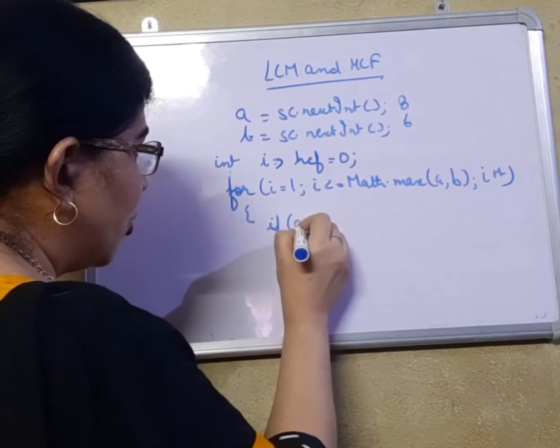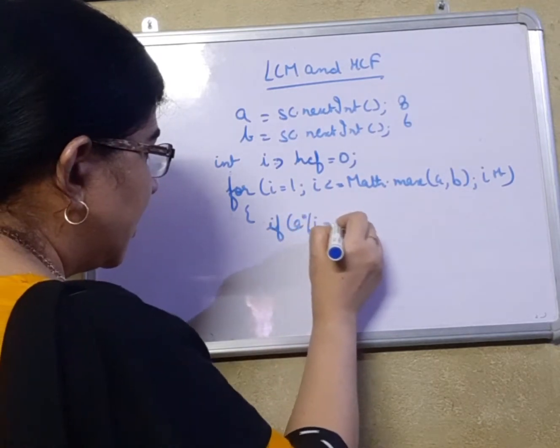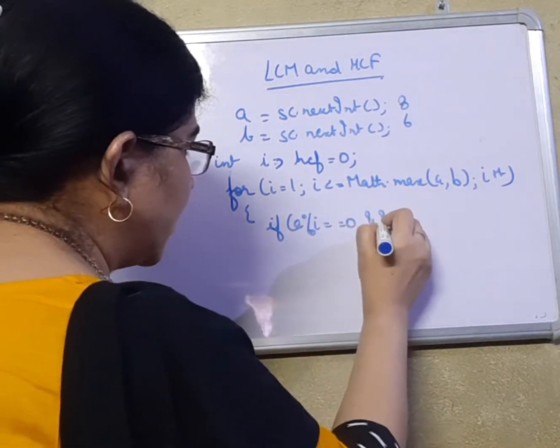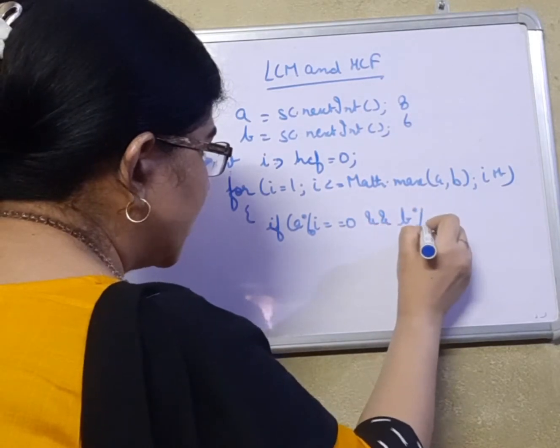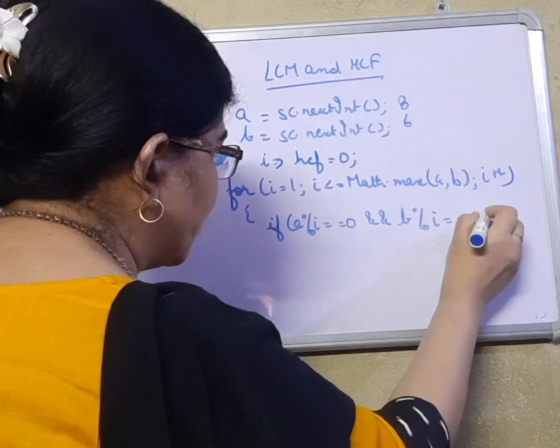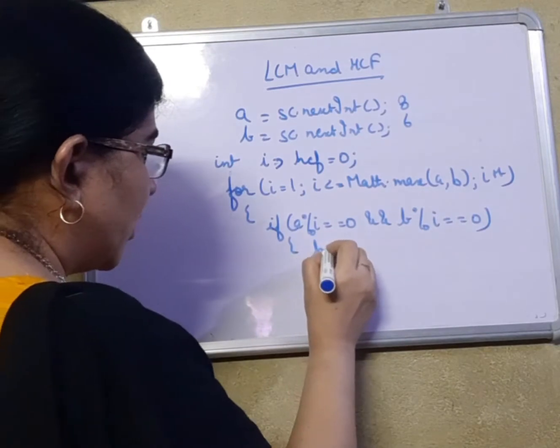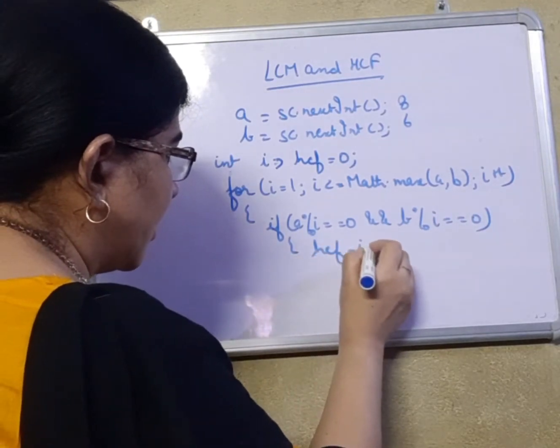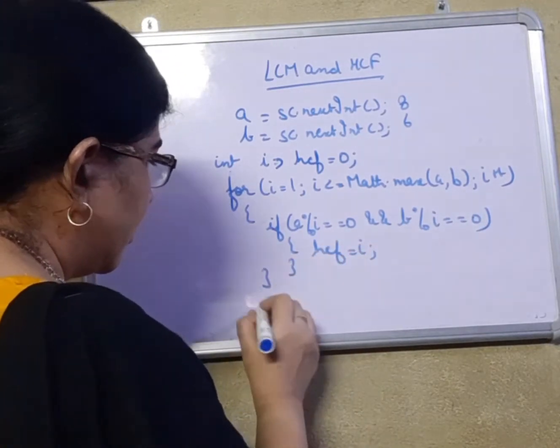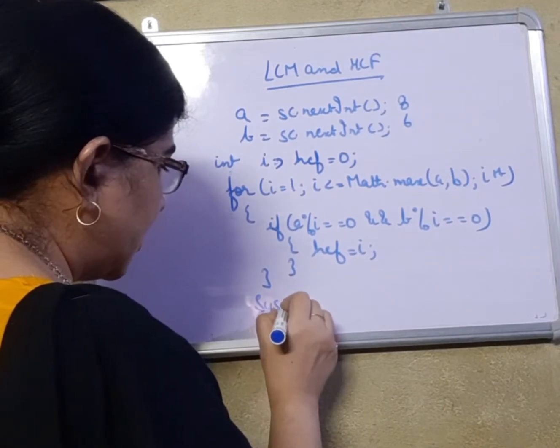If A modulus I is equal to 0 and B modulus I is equal to 0, HCF becomes I. Then System.out.println.